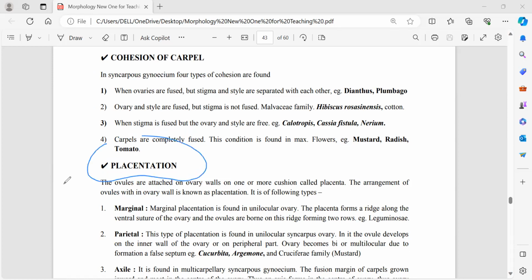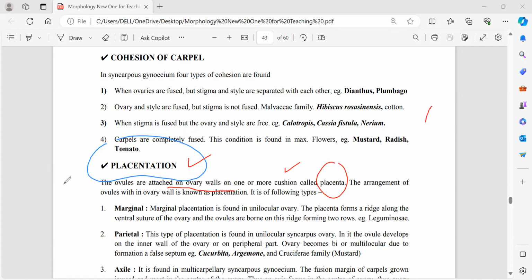प्लेसेंटेशन, प्लेसेंटेशन का मतलब क्या है? First let us study what is the literal meaning of placentation. See, ovules जो होते हैं they are attached to ovary walls on one or more cushions. Those cushions are called placenta.